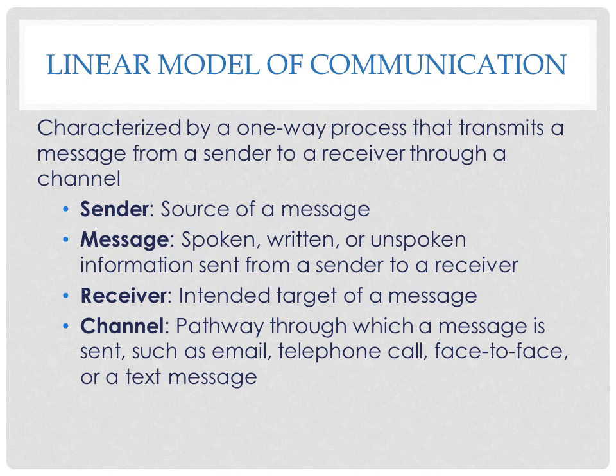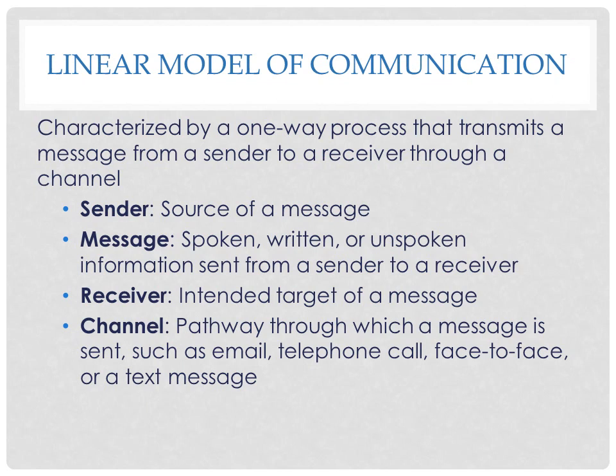So now we're going to talk a little bit about the models of communication. We're going to start with the linear model of communication, which is characterized by a one-way process that transmits a message from a sender to a receiver through a channel. The sender is the source of a message.